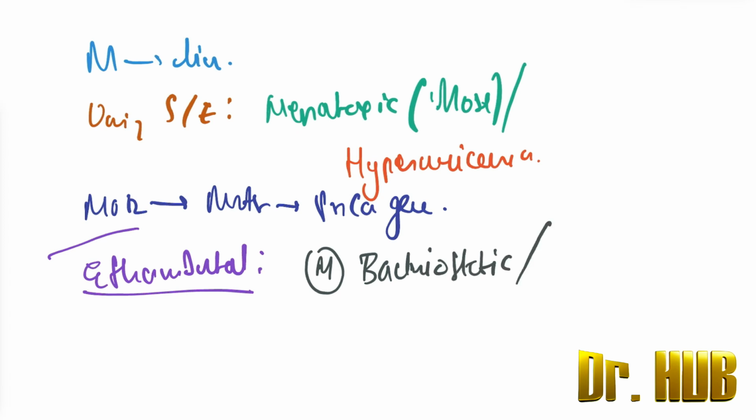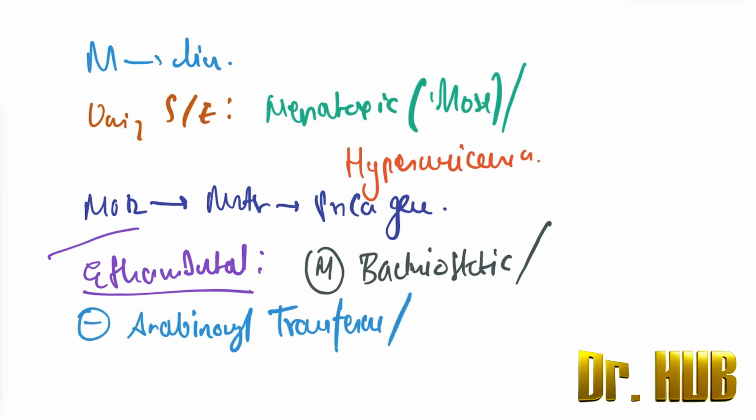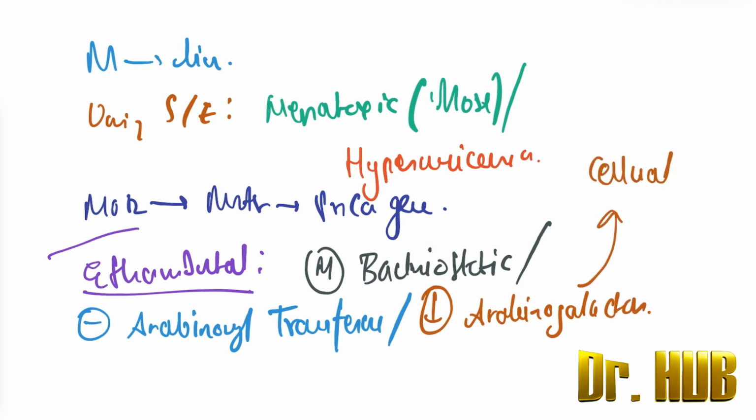It inhibits arabinosyl transferase, which leads to a reduction in arabinogalactan, which is needed for the cell wall.